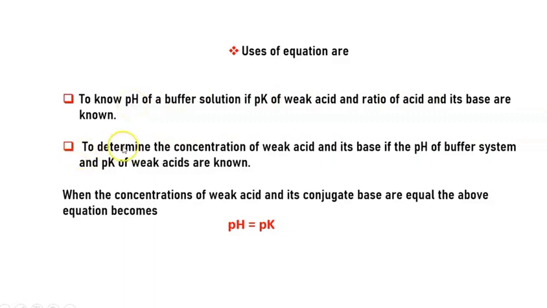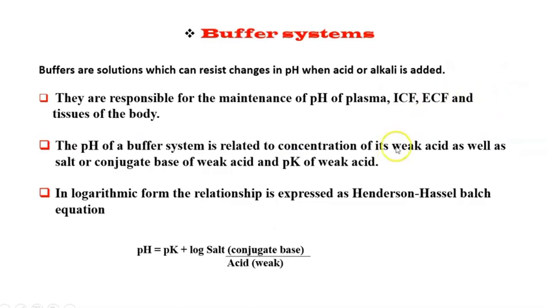2. To determine the concentration of the weak acid and its base if the pH of a buffer solution or the pK of the weak acid are known. I want you to look at the equation and see what we are talking about.